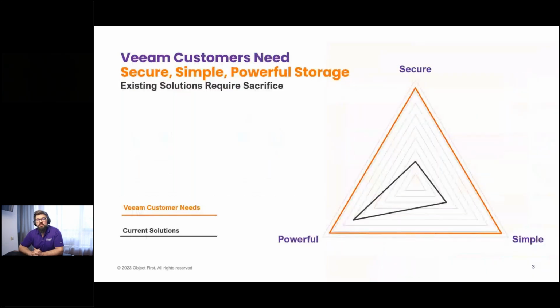So how do we usually step into a project? Customers are looking for secure, powerful, and simple storage for their backups. And Veeam sometimes, for some specific customers, has a gap in tailoring the solution for everyone's needs. We see a lot of vendors who are really easy to set up.